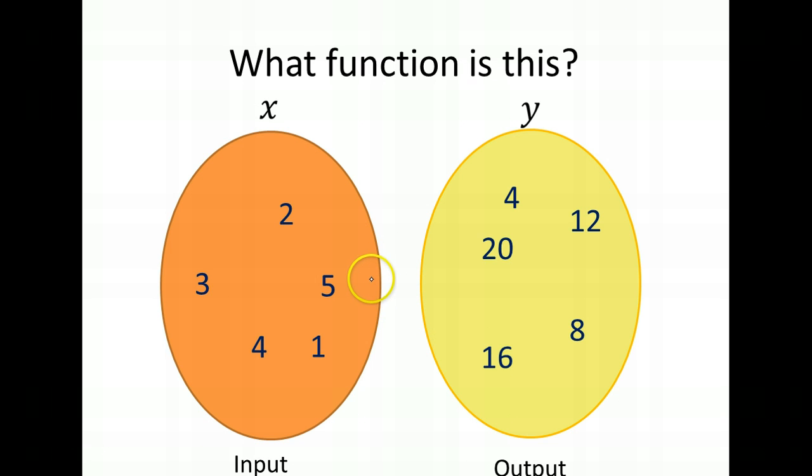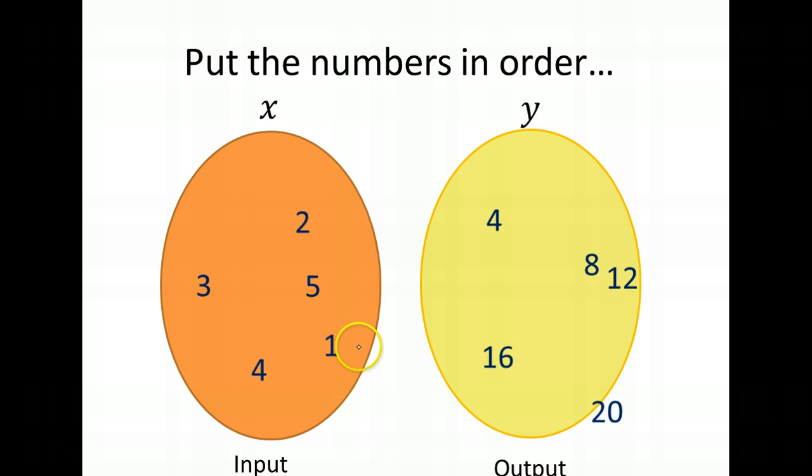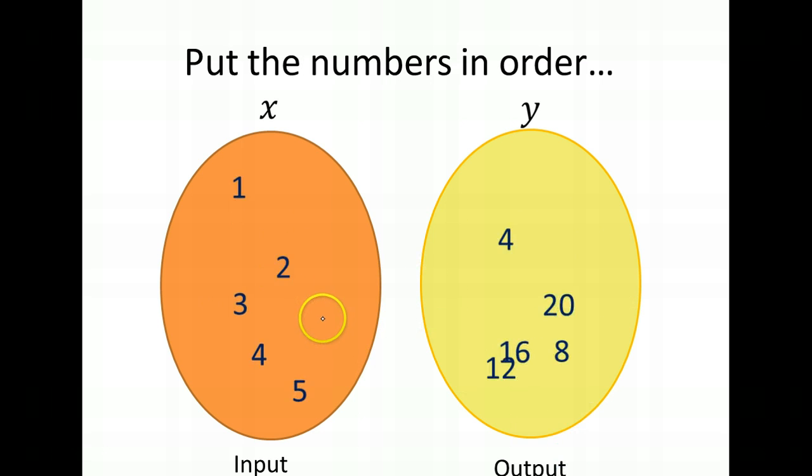Alright, so let's go ahead and take a look at this function. Let's talk about what we are doing to x in order to get y. Go ahead and think about it a little bit, and let's look at some of these numbers. What can we do to some of these numbers to get y? Okay, so let's go ahead and put them in order.